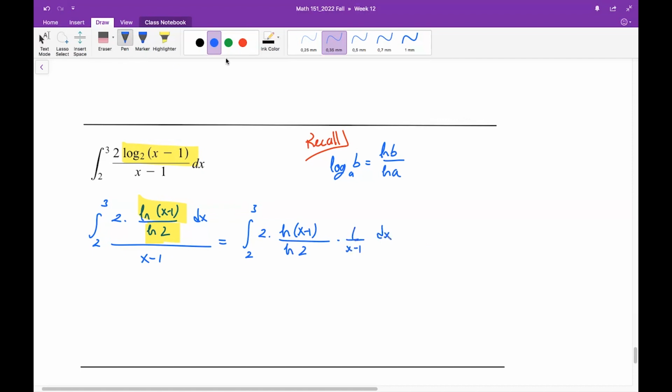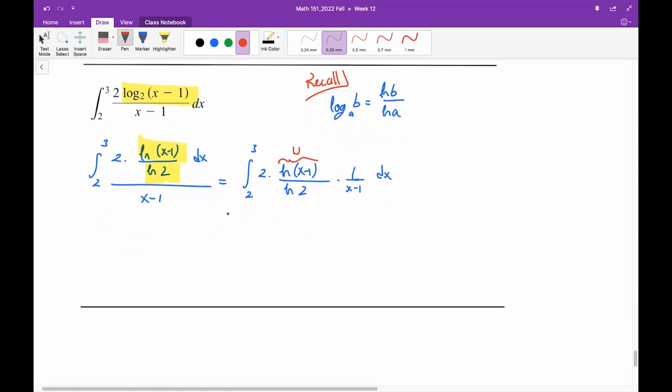Now we can apply a substitution. Let's choose this part as our substitution, okay? So u is ln(x minus 1). Then du is what? 1 over x minus 1 dx. You see, if you choose this part as u, this thing directly becomes our du, right?